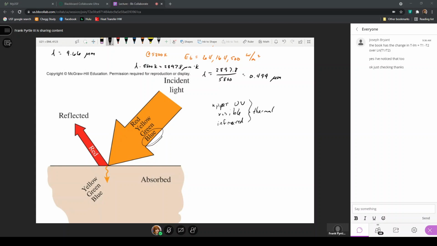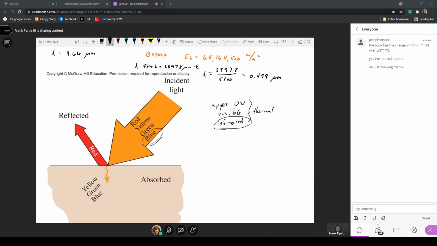We have selective tints for windows because maybe we want to see clearly, but we don't want very much infrared to be transmitted through the window pane so it doesn't get hot in the building. I want it to reflect the infrared. Well, I can put coatings on the outside of that glass that allow visible light to pass through, but infrared is reflected.